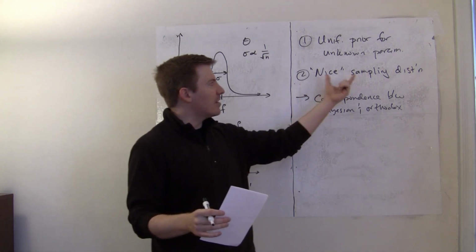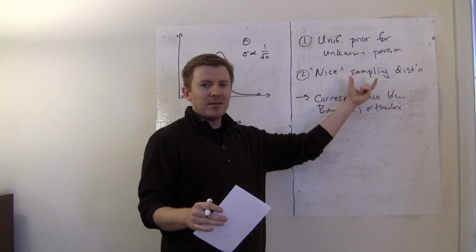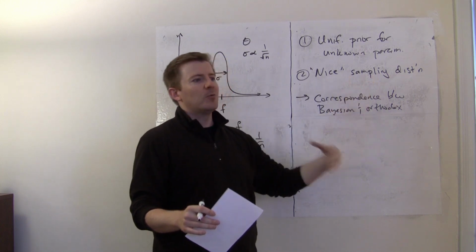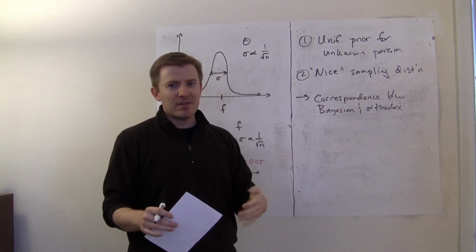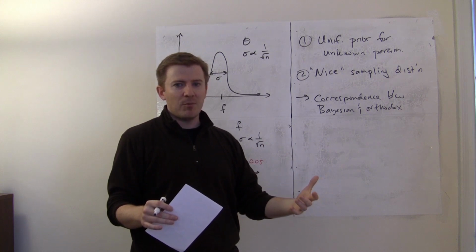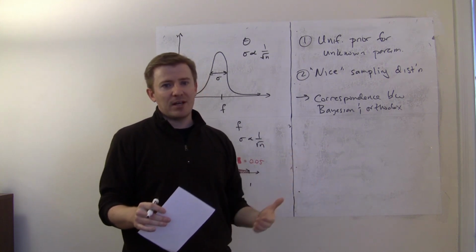Anything that's more complicated than this kind of ignorance prior and normal sampling distribution, we'd expect to see the Bayesian methods giving you different results from the orthodox ones, and that's what we're going to get into next time.